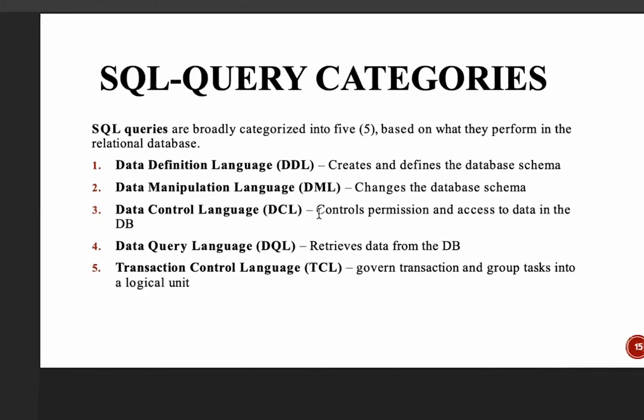Okay, let's move on to SQL query categories. SQL queries are broadly categorized into five based on what they perform in a relational database. Postgres, which I'm using today, and MySQL are relational databases. We have data definition language (DDL), which creates and defines the database schema.